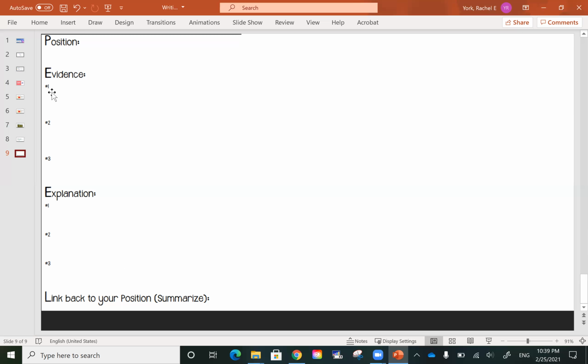For one position, you may not be able to find all three. At least try to find two pieces of evidence to back up your claim. Because, think about it. If you have somebody telling you one thing and they're the only one saying it, it might be a little bit hard to believe. If you have another person that says the same thing, it's a little bit more believable.